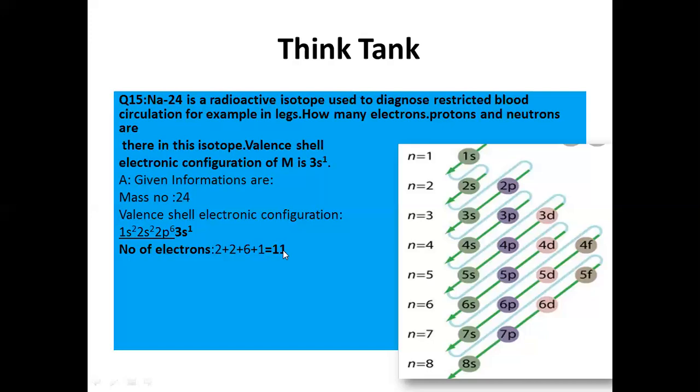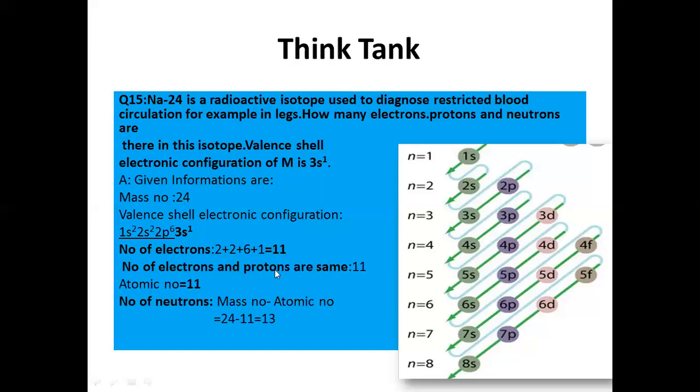Now we have information about the mass number, which is 24, and from the valence shell electronic configuration we got information about the number of electrons. The number of electrons and protons are always the same. So if there are 11 electrons, it means protons are also 11.